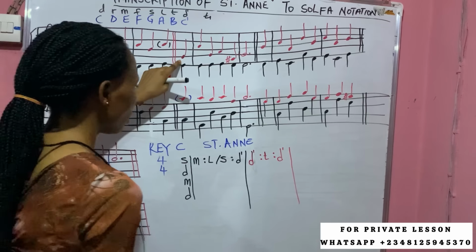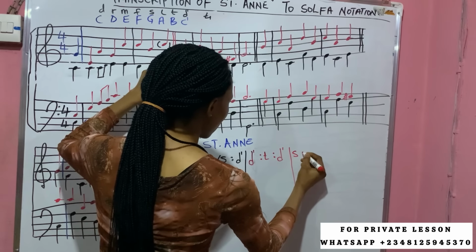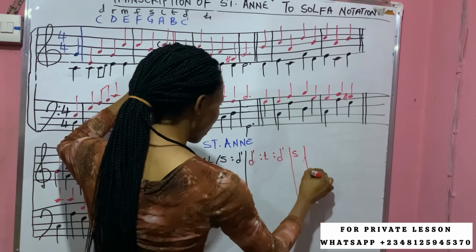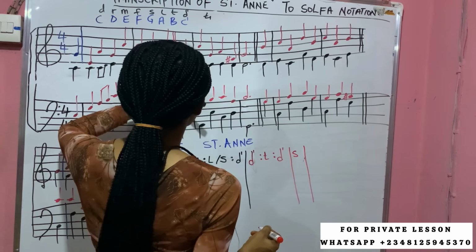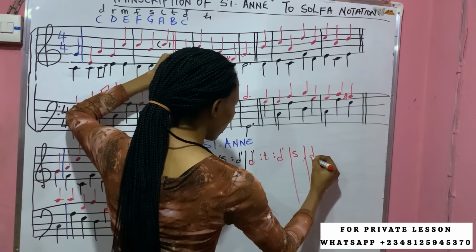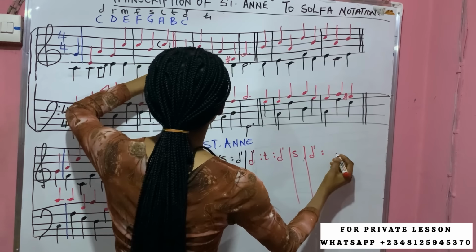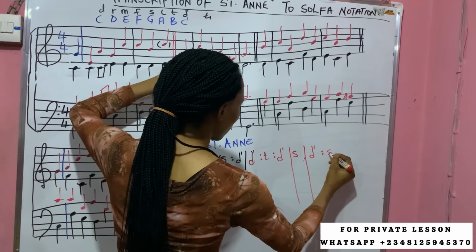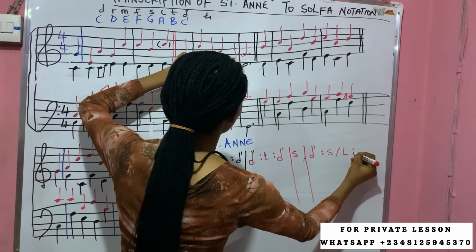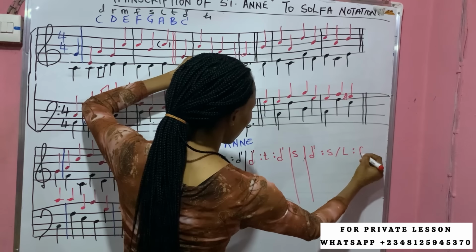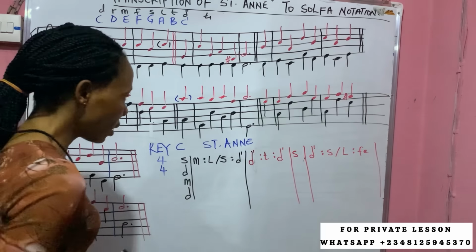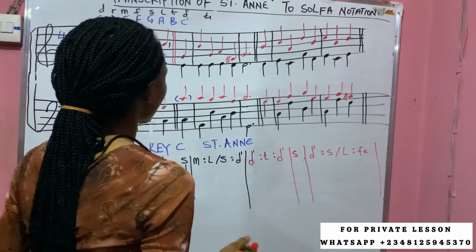Now we have here G is So, right? And we have here, okay, that is this. Then we have here C is Do and is octave Do. We have here G is So, and we have here A is La, and we have here, this is F sharp, and I've already explained that F sharp will be Fi, the raised Fa, in the key of C, right?